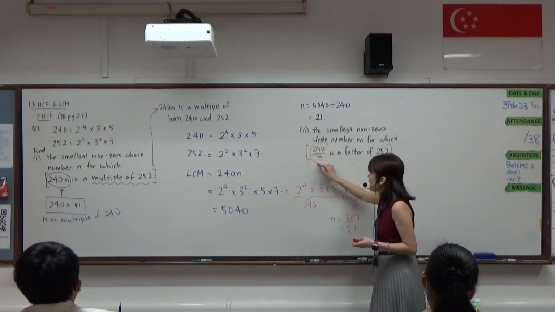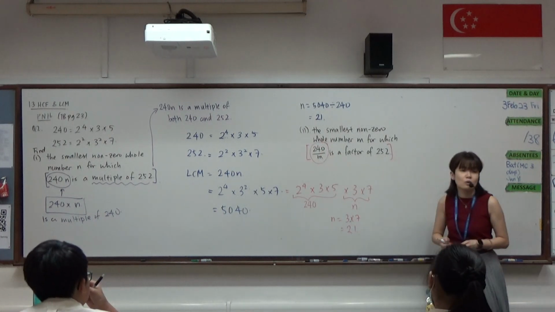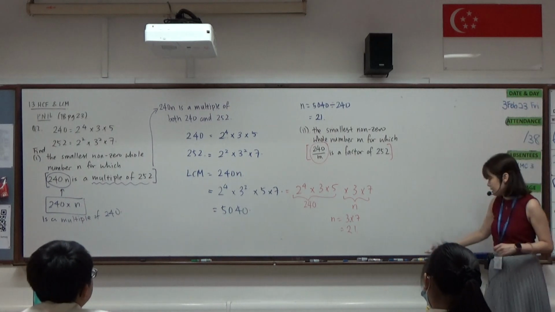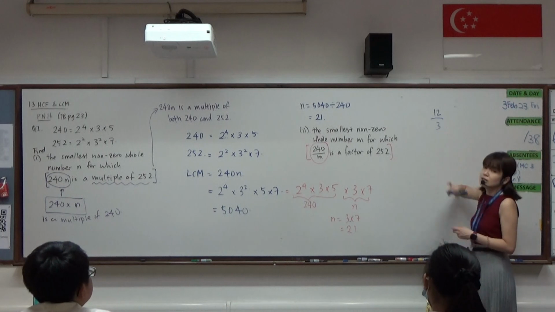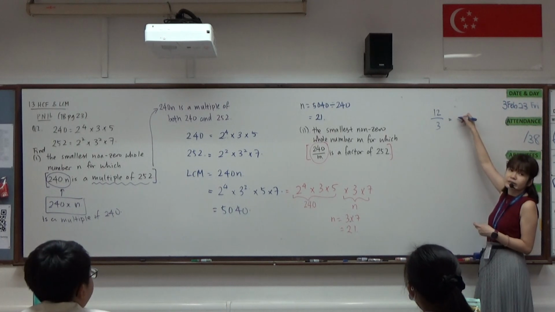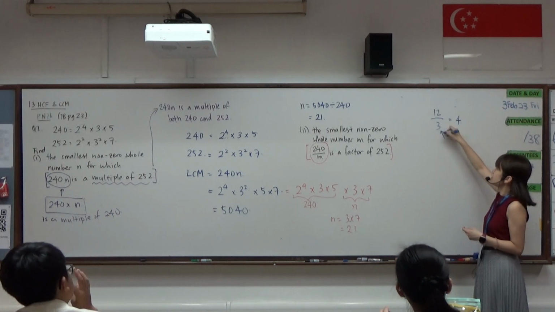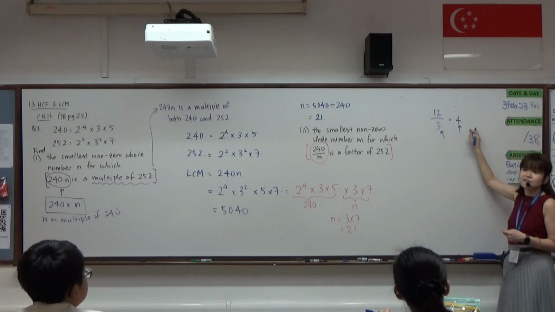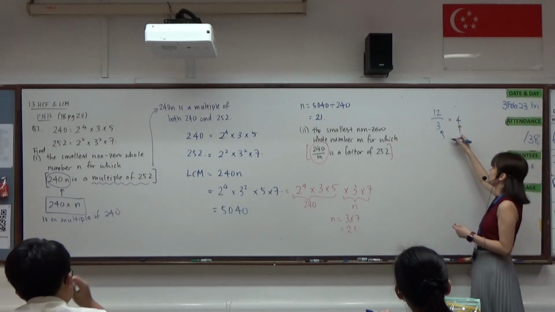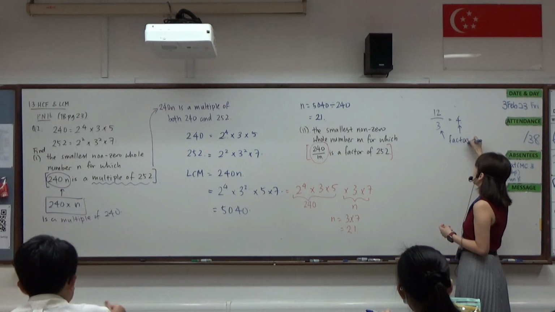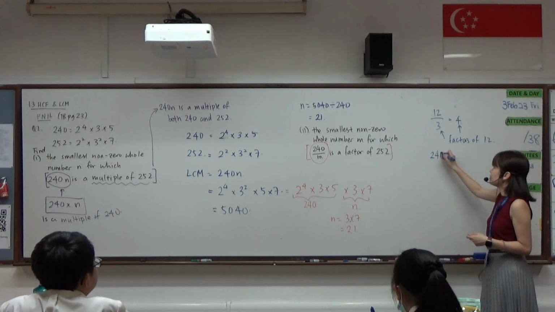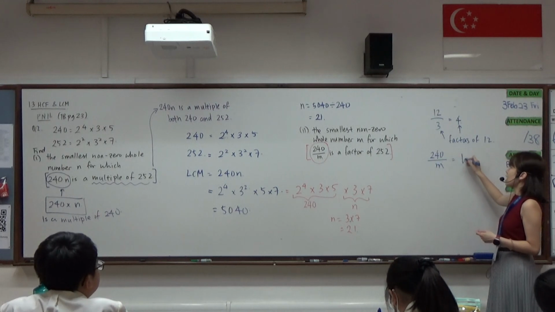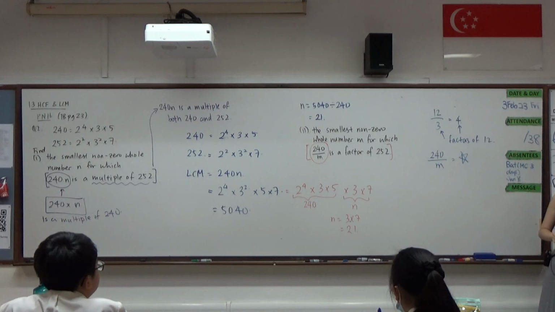Let me give you the idea about this first. 240 over m. What does this actually mean? Let's start with something simple. 12 over 3. 12 divided by 3 is equal to 4, right? What does this tell me about 3 and 4? 3 and 4 are factors of 12. So if I have 240 over m, I will eventually get a certain number.